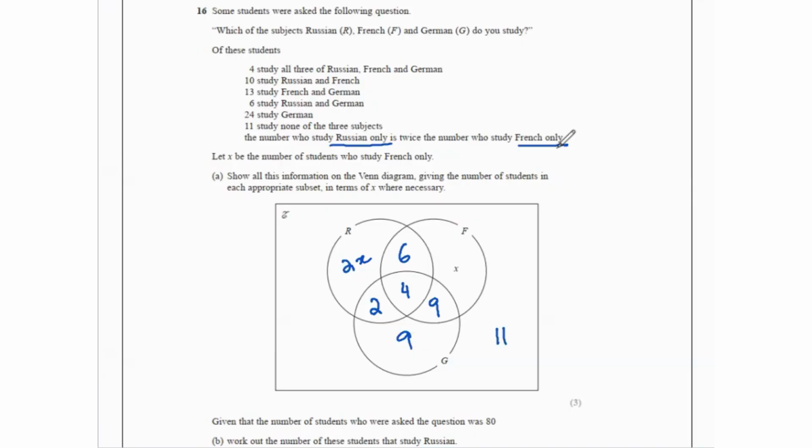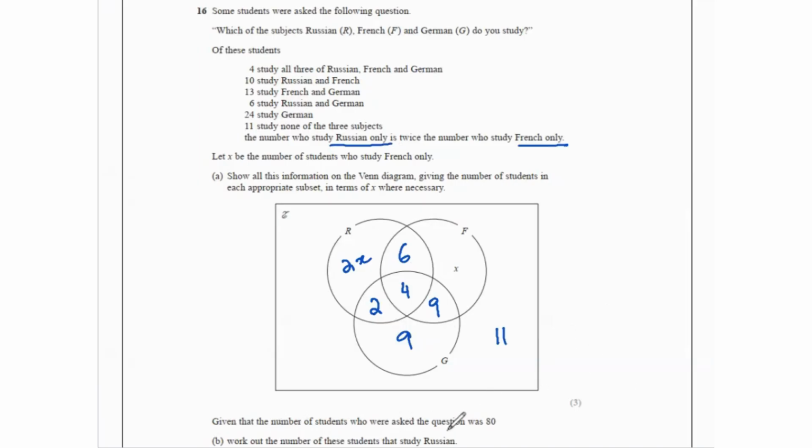But if it says French only, that means the part that's outside the other 2 sets. So that's just x over here, for Russian it's 2x, and for German only it's 9. You have to read the statements very carefully, highlight them just to make sure that you're not missing out on anything. So this is our Venn diagram.